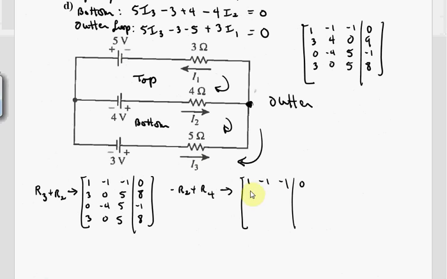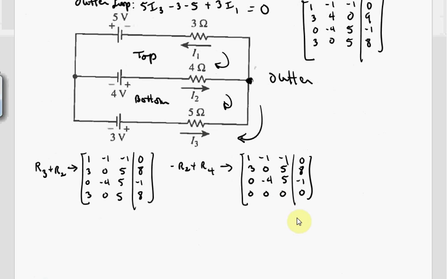So here, 3, 0, 5, 8, 0, negative 4, 5, negative 1, 0, 0, 0, 0. All right.